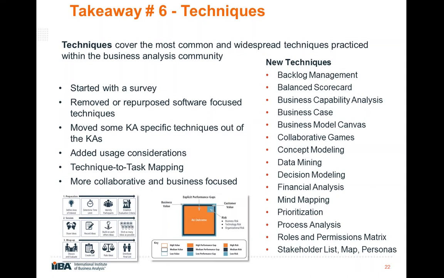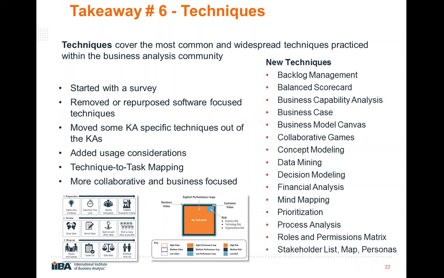We removed and repurposed software-focused techniques in version 3. There were a number of very software-centric techniques which really did not make sense to many of the other BAs, and hence we took them off. We moved some of the knowledge area specific techniques out of knowledge areas and made them generic, because we wanted to make sure that it's a comprehensive representation of techniques. We added usage consideration.